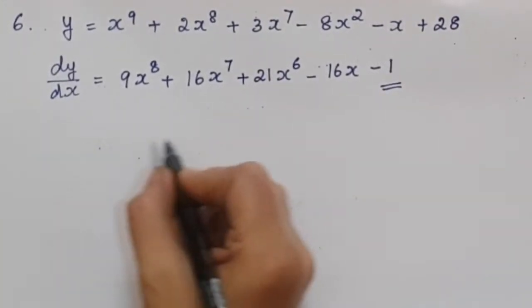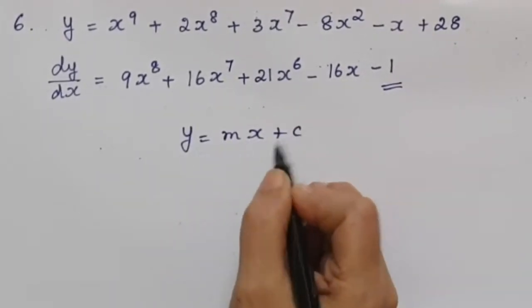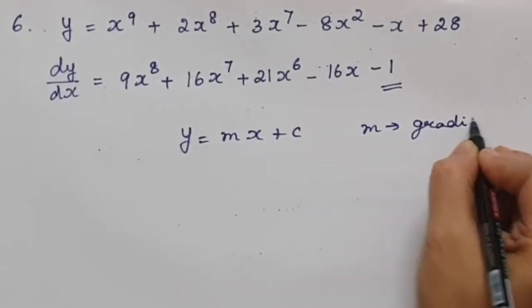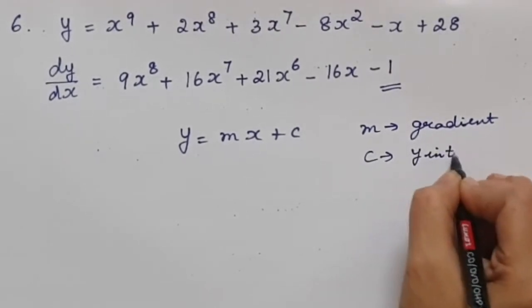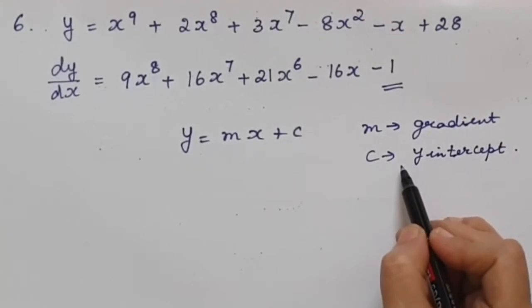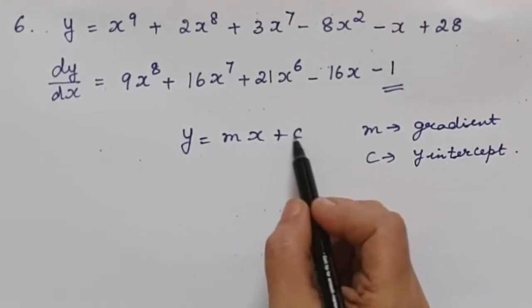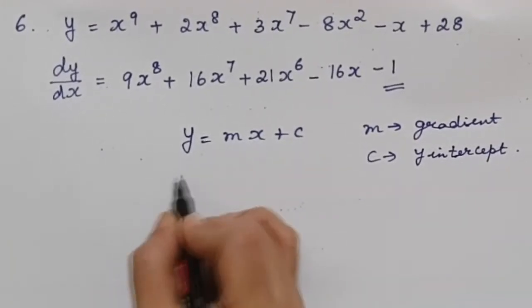Now, the general equation of a straight line is y equal to mx plus c, where m is the gradient and c is the y-intercept. That is where the line intersects the y-axis, and this c is always a constant. It is always a number. So now when we differentiate this, let us see what will happen.